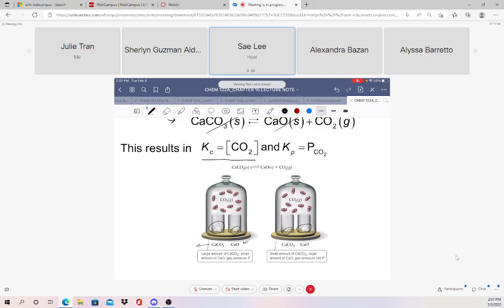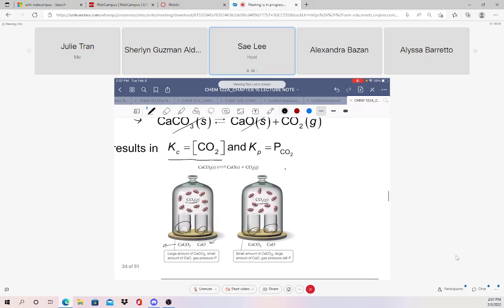Therefore they have flat concentrations. All right, so as you can see from the diagram, regardless of the amount of solid substances, you have an equal amount of carbon dioxide at equilibrium. I'm going to write that down.